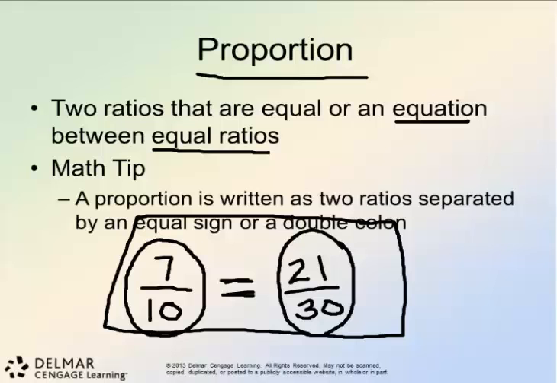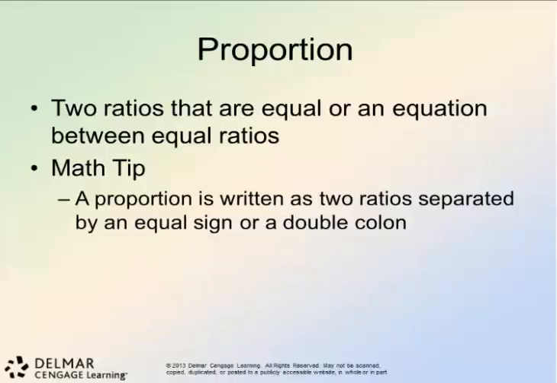So one way to write a proportion is one fraction or ratio equal to another one. Now sometimes, though, we can write them, as this says, with a double colon. You could write that same ratio a slightly different way, and that is with the double colon sign.